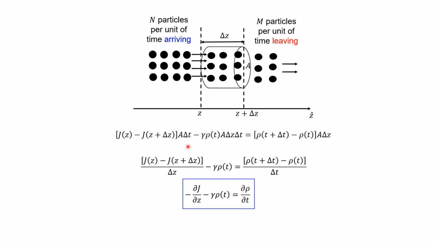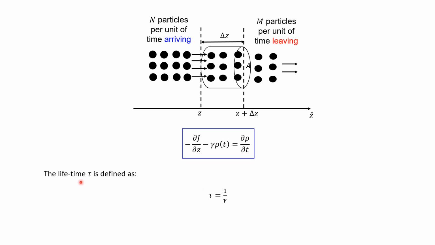Now we just do a rearrangement again. We divide both sides by A times delta z times delta t. So this term cancels, this picks up a delta z, this picks up a delta t, and we take again the limit of delta z and delta t going to 0, and we end up with this expression. So this is still the continuity equation, but including a loss mechanism.